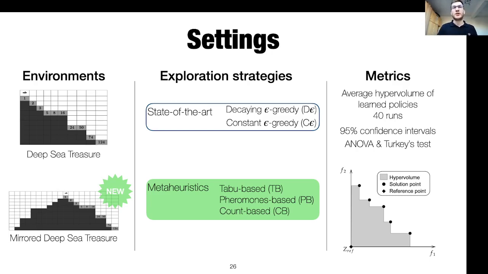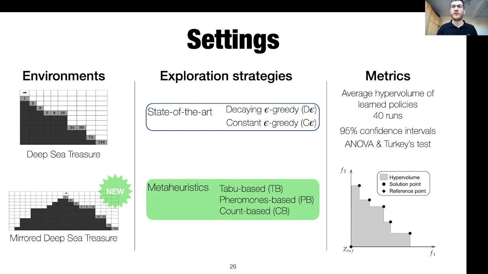The exploration strategies that we use are 2 state-of-the-art ones: epsilon greedy. Decaying epsilon greedy makes the agent become greedier at the end of the training, and constant epsilon greedy keeps a constant probability of choosing a random move. Meta-heuristics, so I presented the taboo-based and the pheromones-based, but there is also the count-based, which is really similar to the pheromones-based.